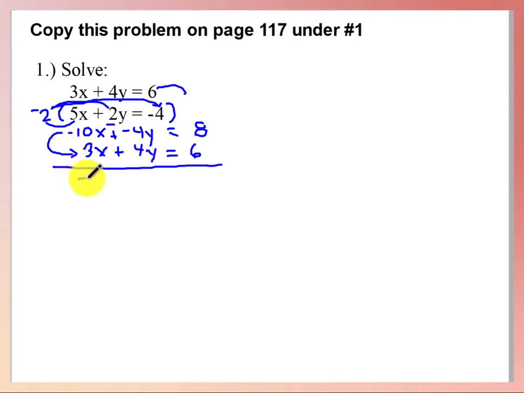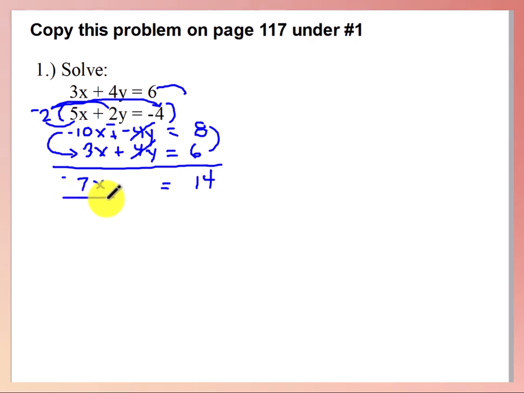So I'm going to get 7 and we have more negatives. Look at the absolute value. Absolute value of 10 is greater than the absolute value of 3. Absolute value is just distance. So we take the negatives and then these are going to cancel. Negative 4y, positive 4y, bring down the equal, and 8 plus 6 is 14.